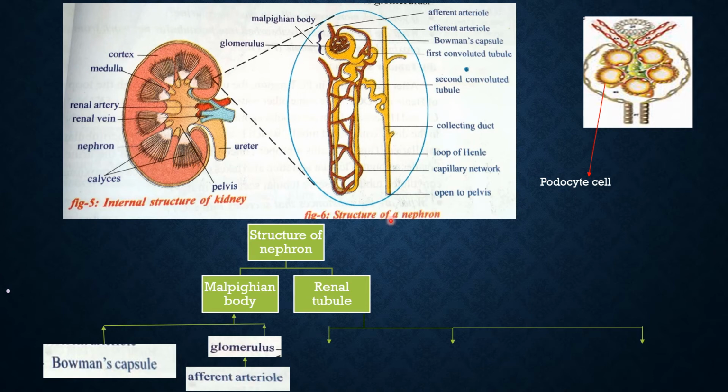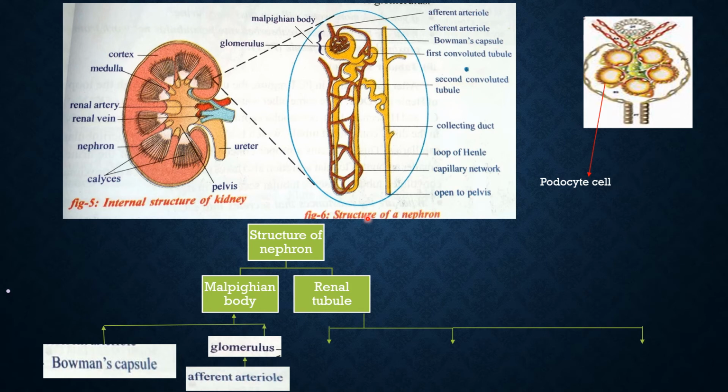Bowman's capsule, which accommodates one glomerulus, is lined by a single layer of squamous epithelial cells called podocytes. There are fine pores between podocyte cells to allow passage of materials filtered out of the glomerulus.